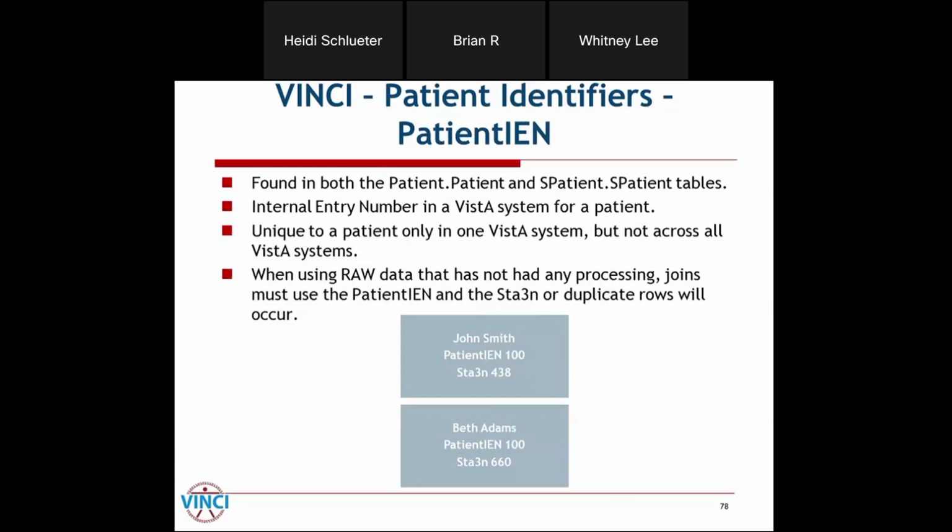So in my example here, I show what can happen if you don't. So we have John Smith was assigned the patient IEN of number 100 at station 438. We have Beth Adams, who was also assigned the patient IEN of 100, but at station 660. So if all we did were to join on patient IEN, we would accidentally be crossing John Smith with Beth Adams.